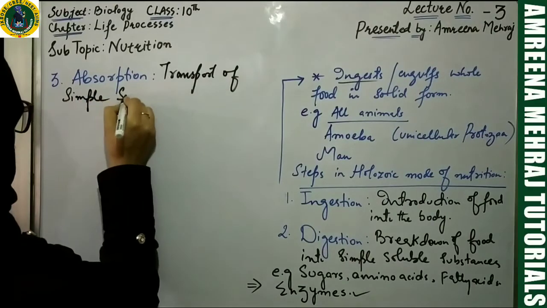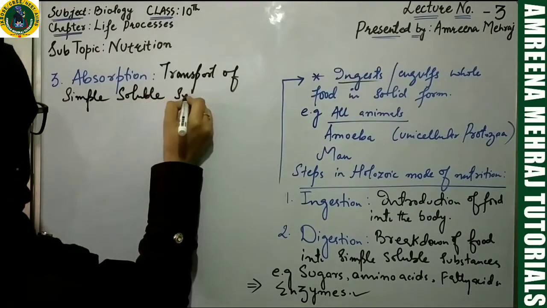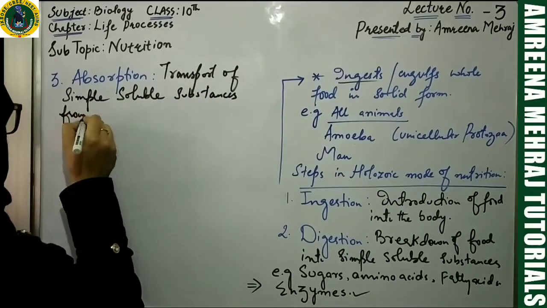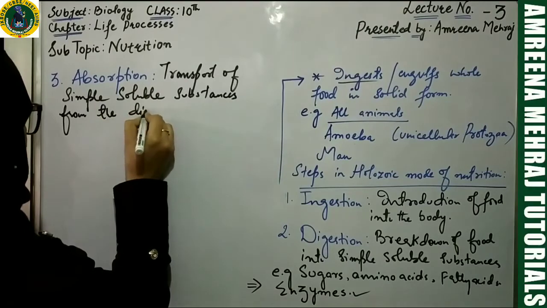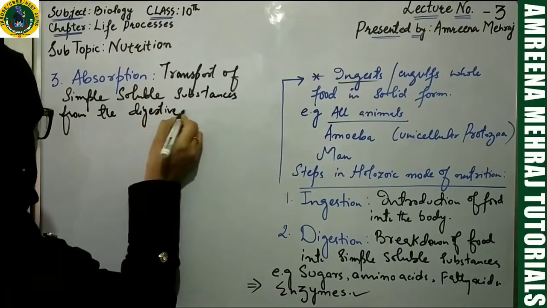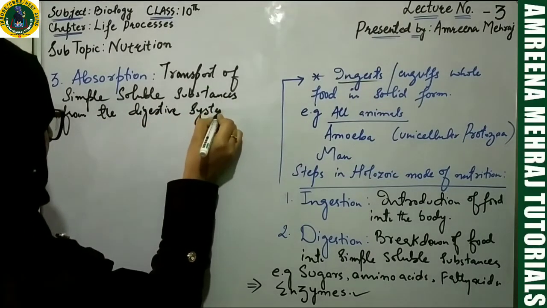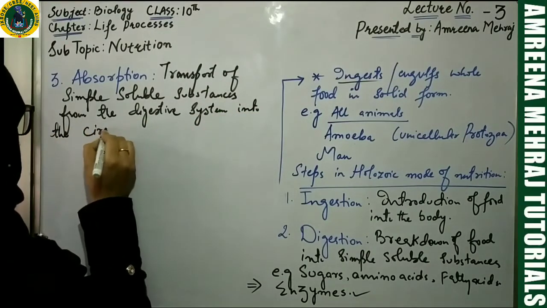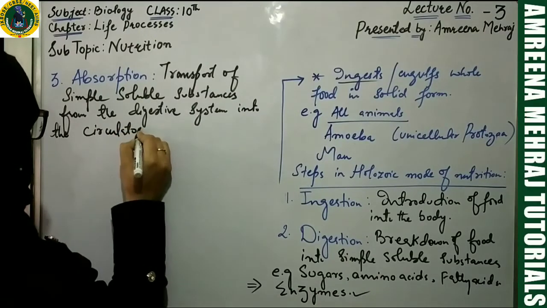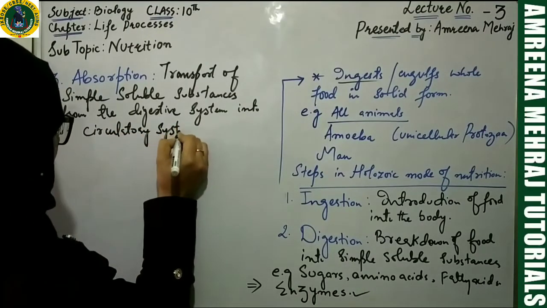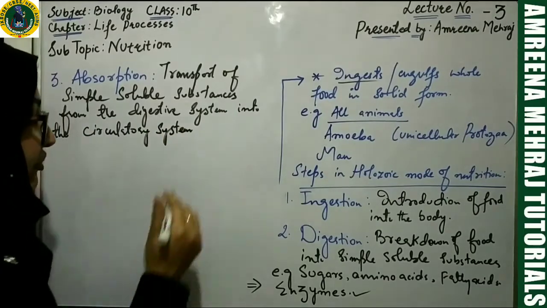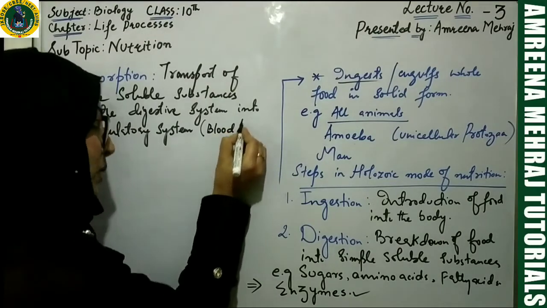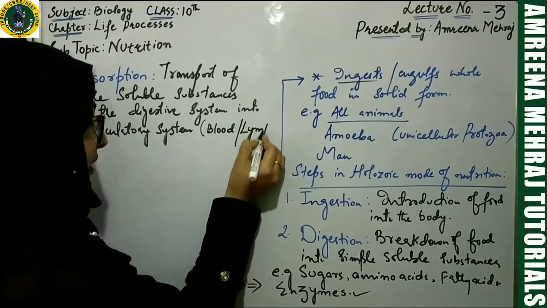Simple, soluble substances from the digestive system into the circulatory system, which in case of man involves the blood circulatory system as well as the lymph circulatory system.